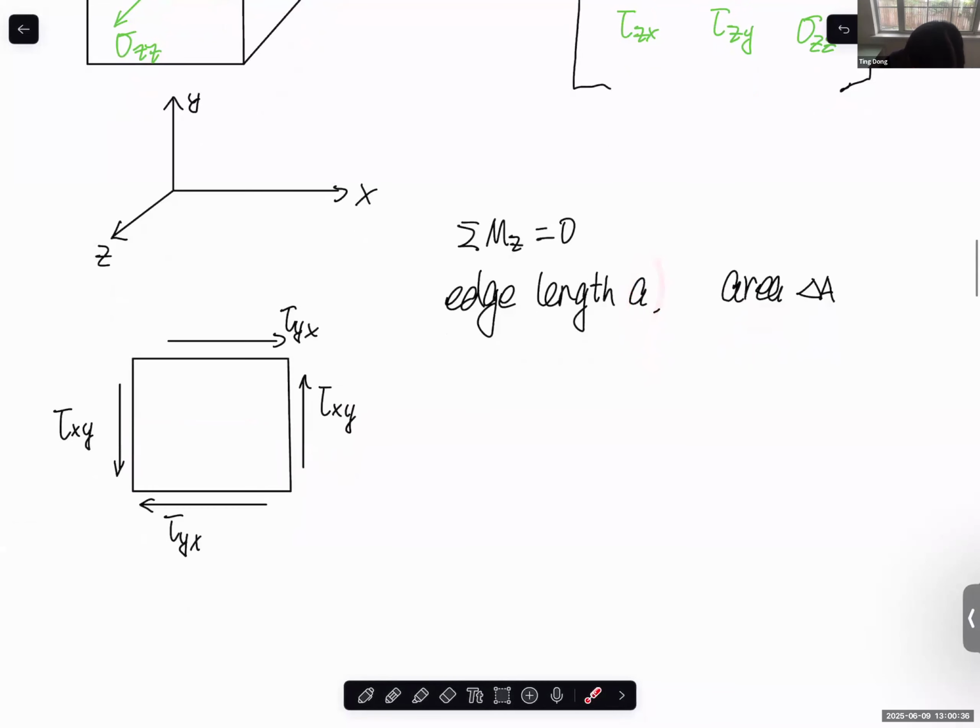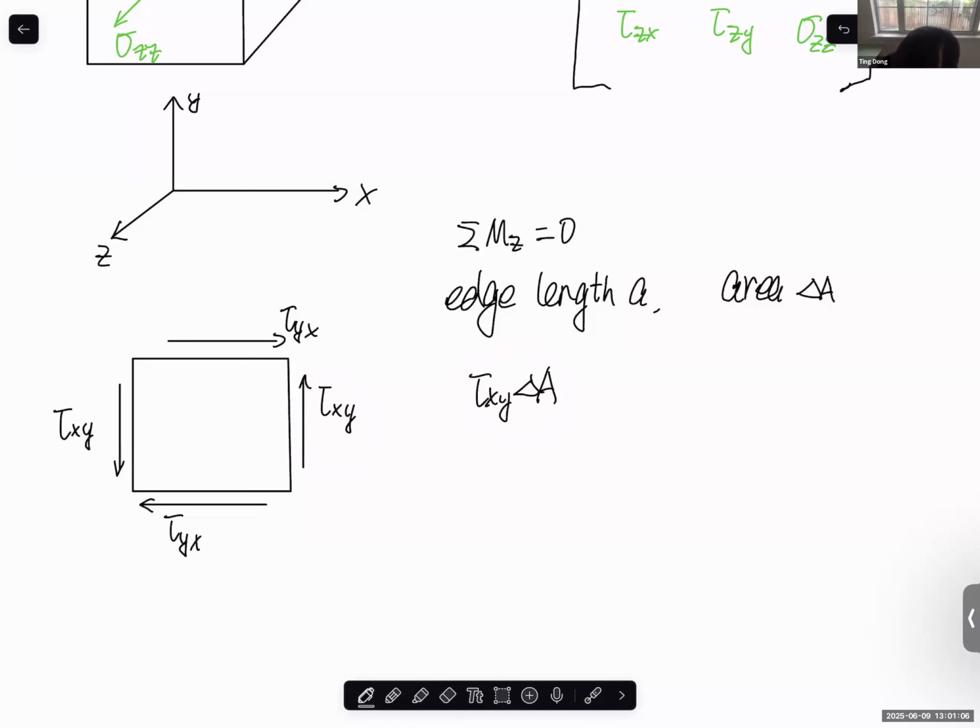For the equilibrium equation, this one and this one will generate a counterclockwise rotation. So we have tau xy, and this is a stress. Moment equilibrium is about force and moment arm, so stress converts to force when we multiply by the area delta A. This becomes the force generated here.